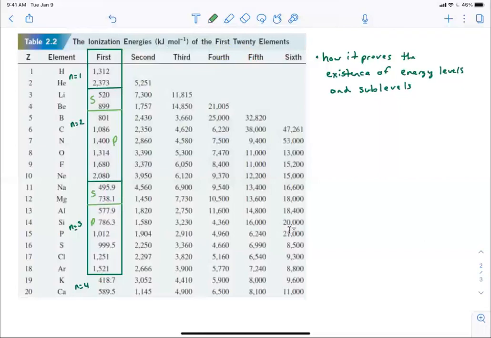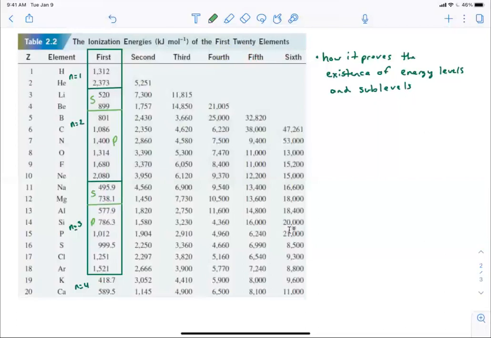Some are at a lower energy state than others, which represents the sublevels, S, P, for ionization energy at least. You're not really going to lose d electrons for the main groups of elements. And so that first column kind of proves that.